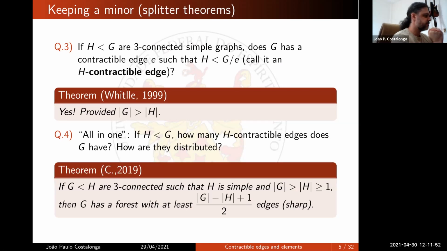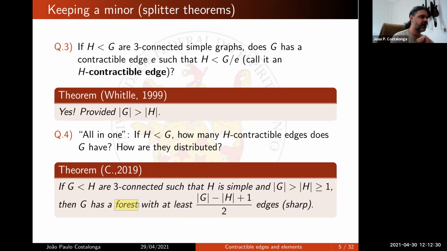One of our results is the following. As you can see, this is wrong, it's supposed to be: H is isomorphic to a minor of G. So if H is isomorphic to a minor of G, those graphs are three-connected, H is simple, G has more vertices than H, and H has at least one vertex, then G has a forest.